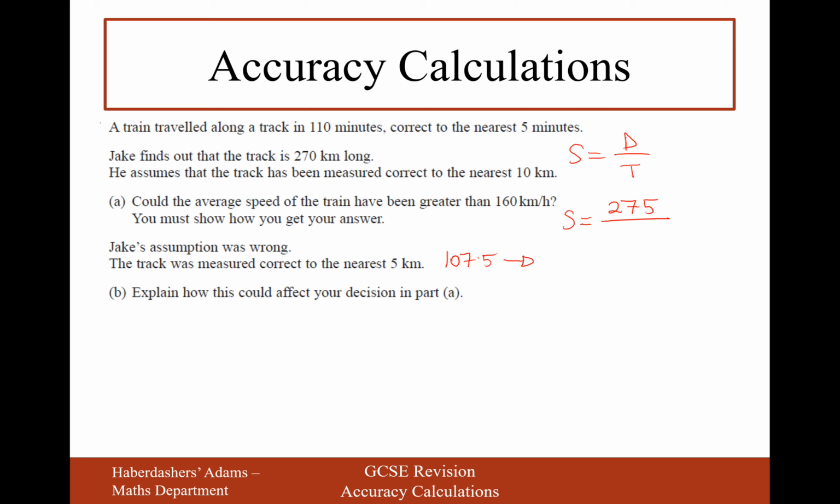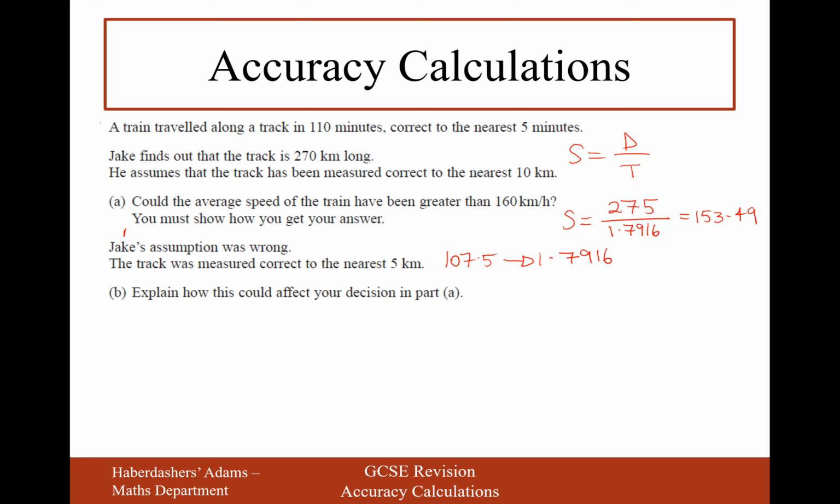107.5. When we divide that by 60 to work it out in hours, gives us 1.7916. So that's 275 divided by 1.7916, which equals 153.48, 0.49.